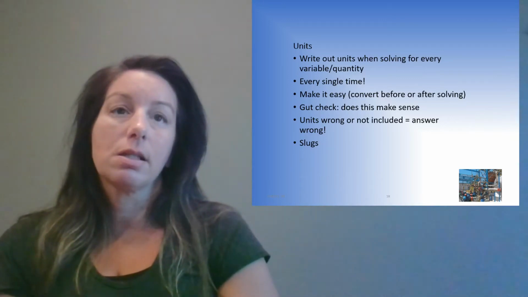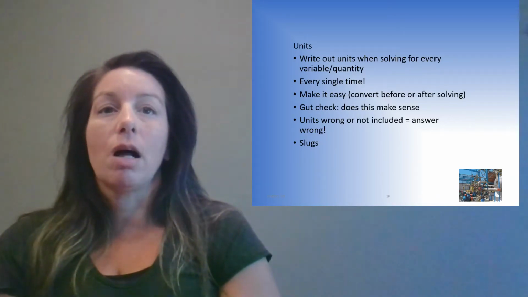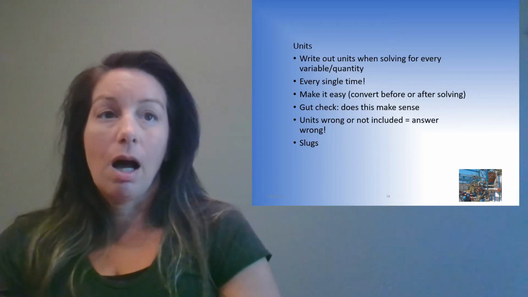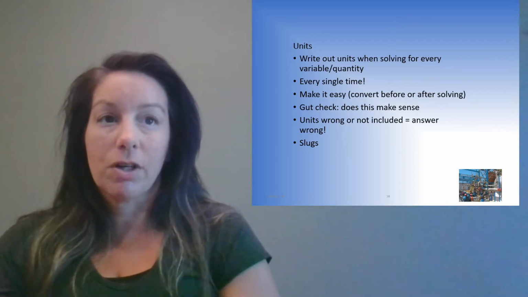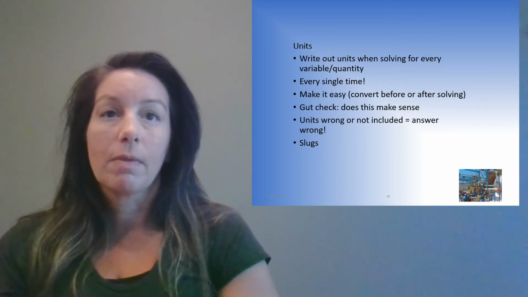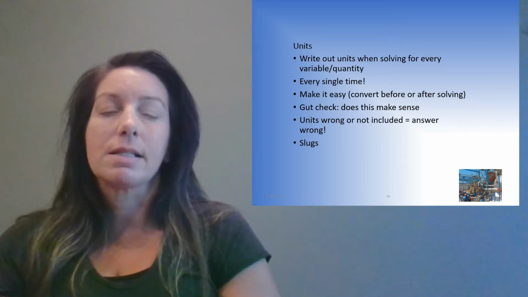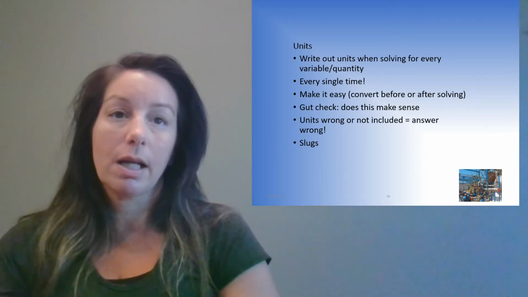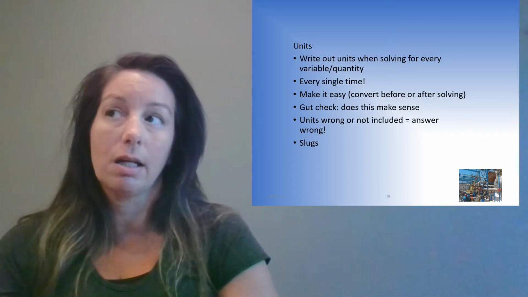So units. Write out the units when solving every variable and quantity. Do it every single time, because it makes it easy to convert before and after during solving. When you're looking at it, does it make sense? Sometimes you'll look at some numbers. Again, it goes with practice and guidance.